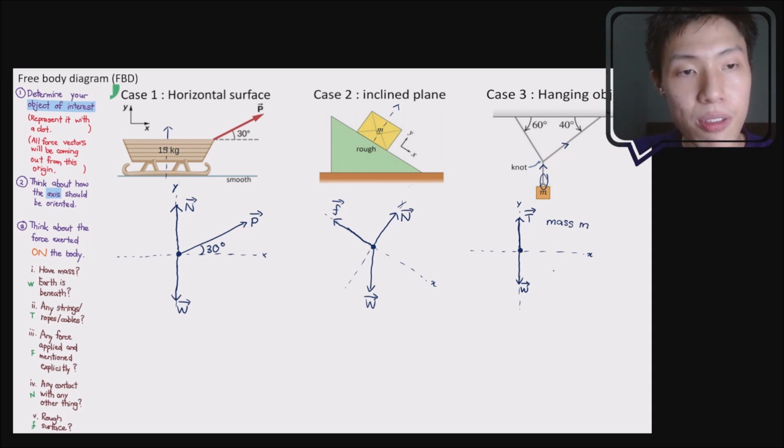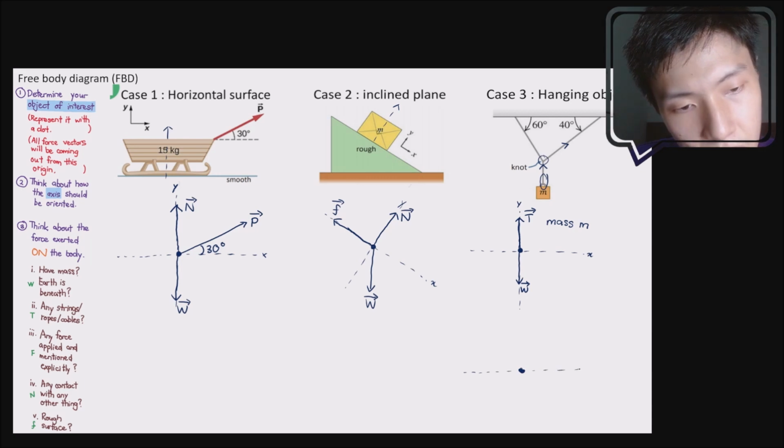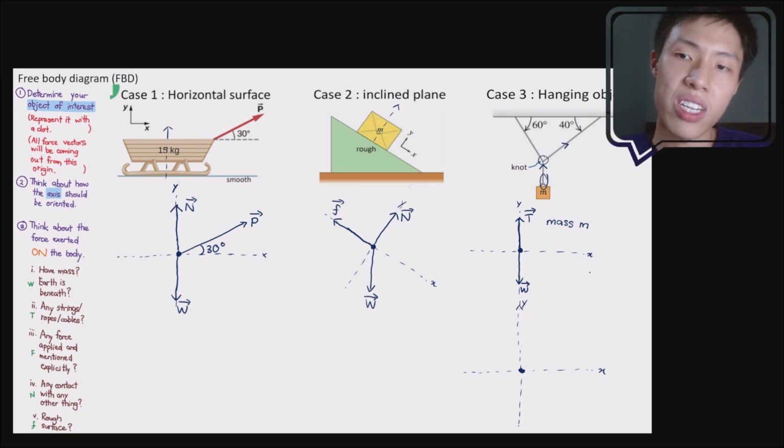And now let's study the free body diagram for this knot over here. We'll use this dot here to represent the knot. And again, I will draw the same axes, X and Y. Whether the axis is this way or rotated won't cause a big issue over here because there's no clear tendency how the knot or the mass will move.